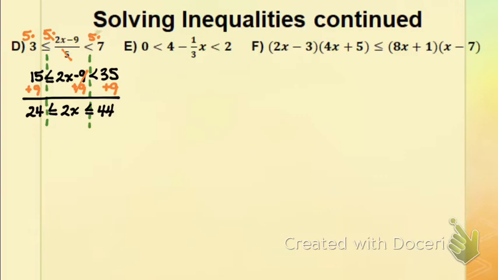And to finish this off, divide everybody by 2. Oh, I accidentally stuck in an or equal to down here, and I should not have. Sorry, my apologies. I got overexcited with my little or equal to signs. All right, so I have 12 is less than or equal to x, which is strictly less than 22.